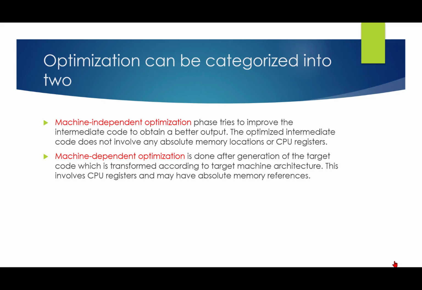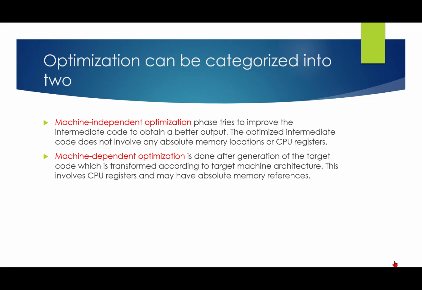Optimization can be categorized into two: machine-independent optimization and machine-dependent optimization. The machine-independent optimization phase tries to improve the intermediate code to obtain a better output.